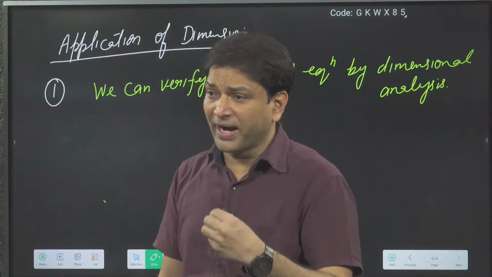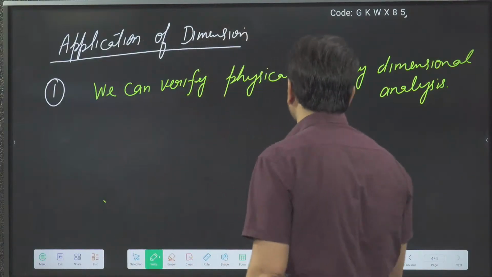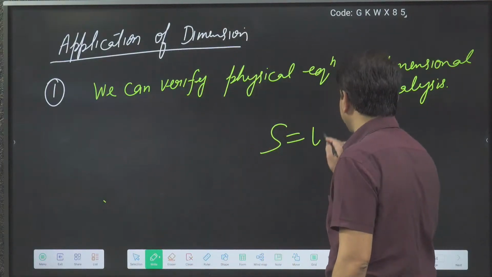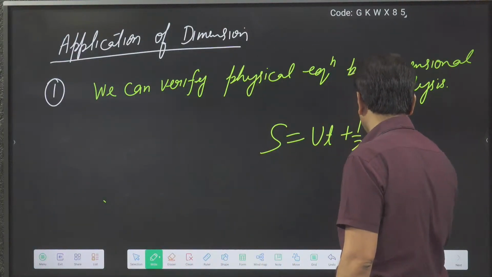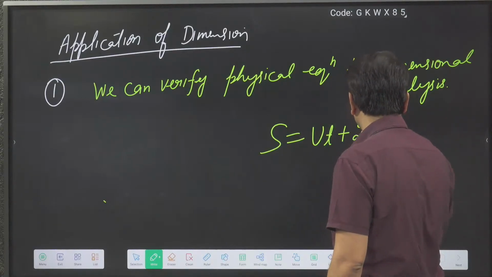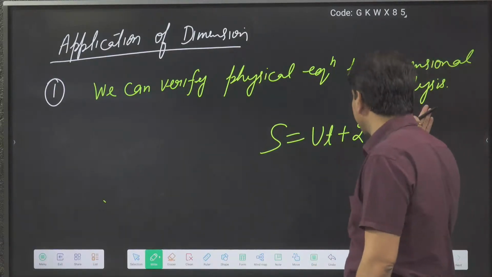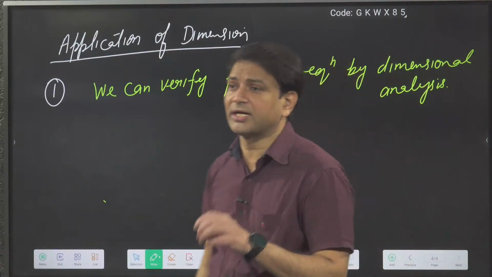Why? Because by dimension we cannot verify the constant. Like I am giving the example, S is equal to ut plus half at square. In the place of half, suppose I write 2at square. Whether 2 is there or half is there, we cannot verify that using dimension.